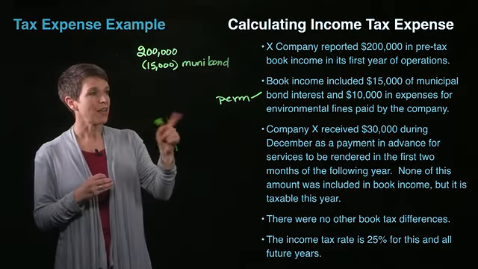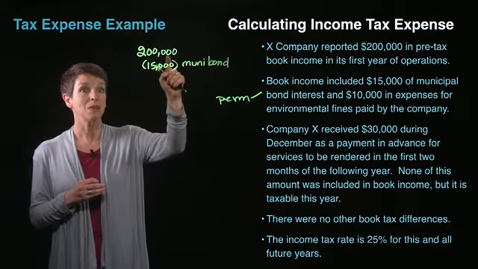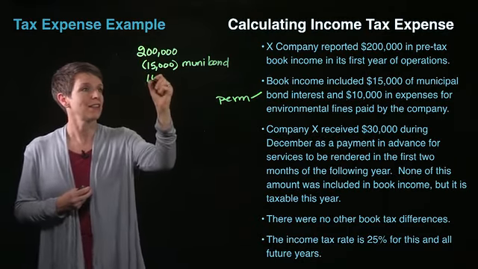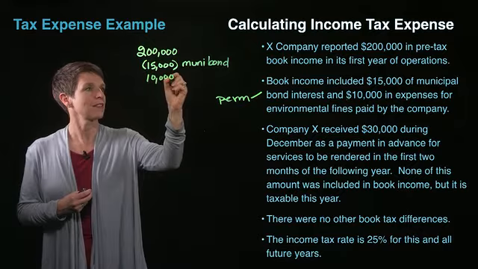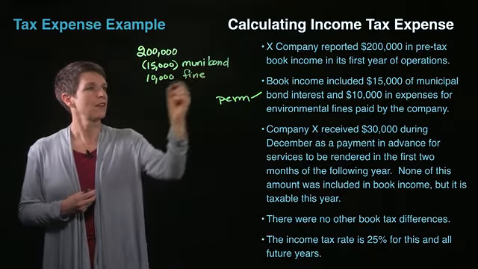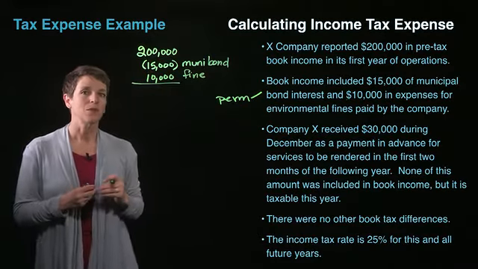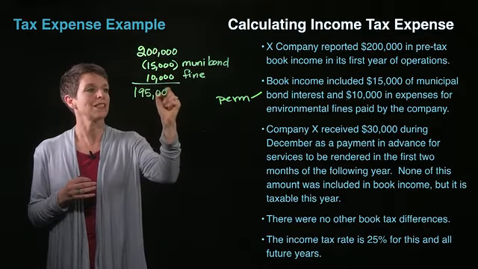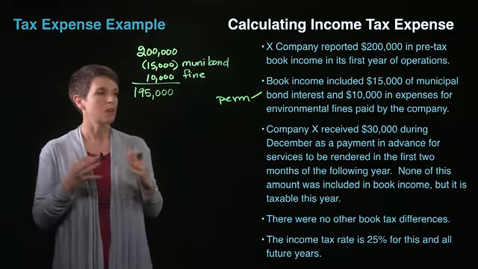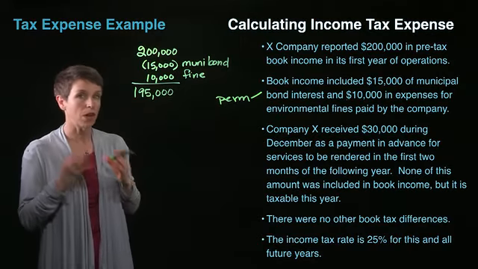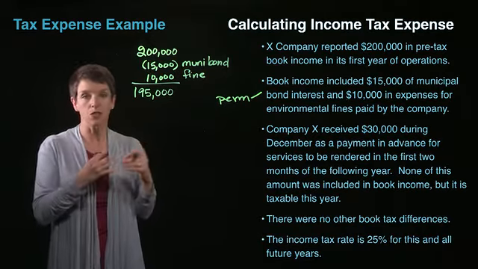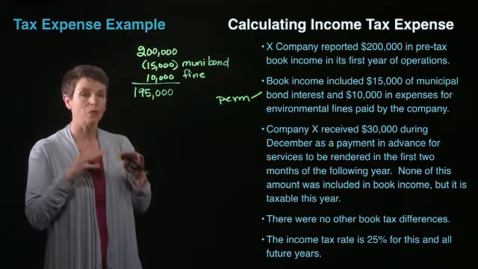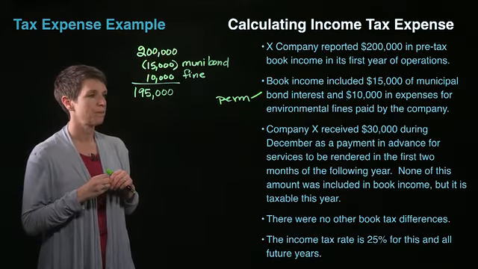Similarly, the fine is already included as an expense to get us to that number, so we're going to add it back to take out the impact. So now we've come to the amount that will be taxed at some point in the company's timing, either this year or next year or maybe even a previous year. But this is the amount that will be taxed at some point.